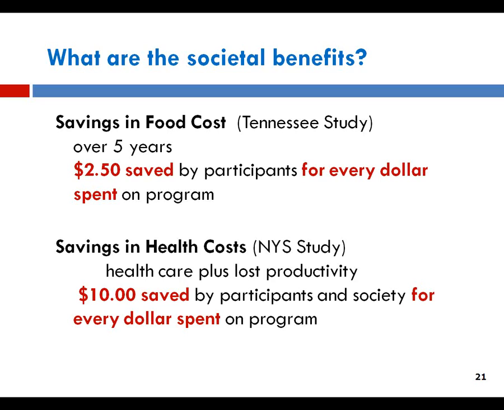I led it and had a health economist that worked with me on it, and we looked at savings in health care plus productivity. And we found around $10 saved by the participants and society for every dollar that was spent on the program. So this is really, really wonderful. And it's actually higher than many medications and medical procedures.